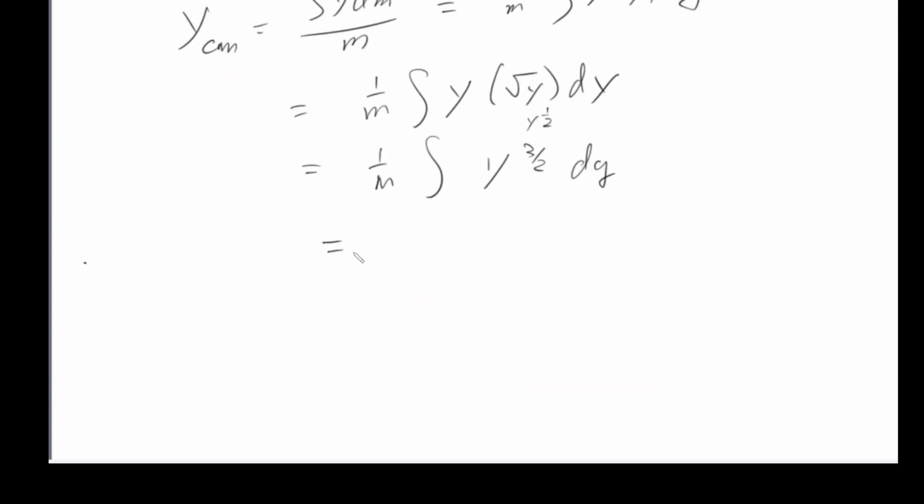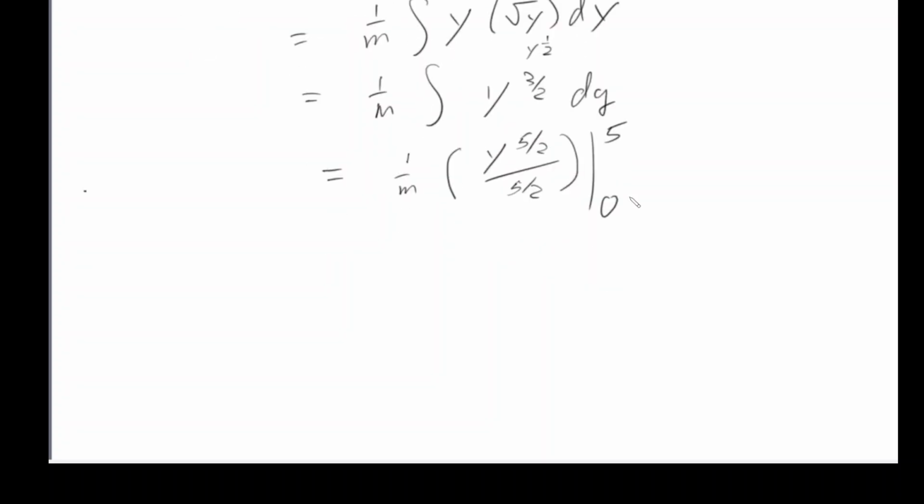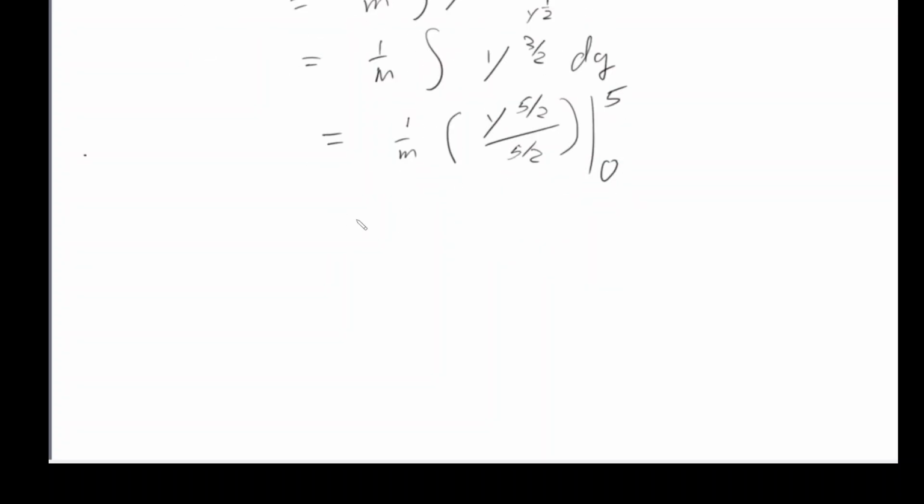And if you do that integral, you get 1 over m times y to the 5/2 over 5/2 from 0 to 5, the height of the rod. And if you go through this, you get 2 over 5m y to the 5/2 as y goes from 0 to 5.